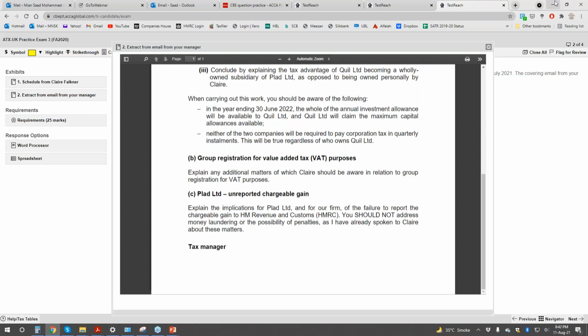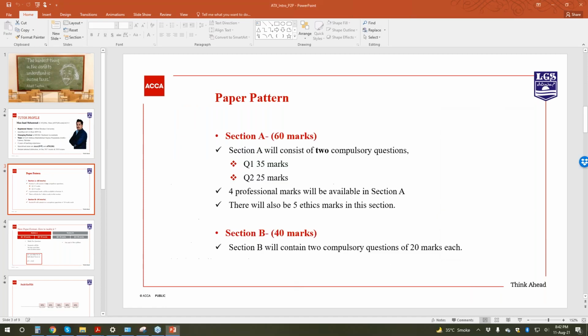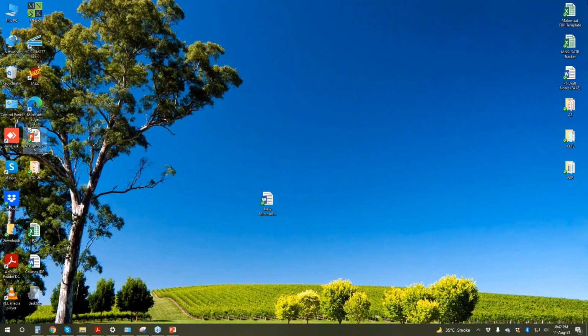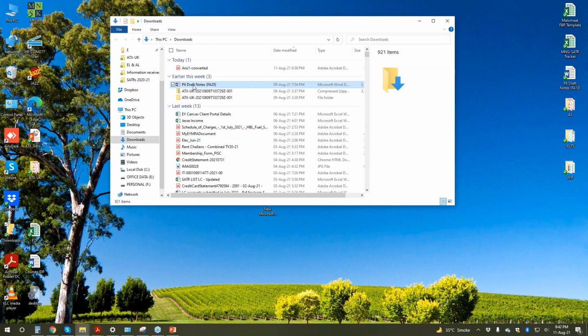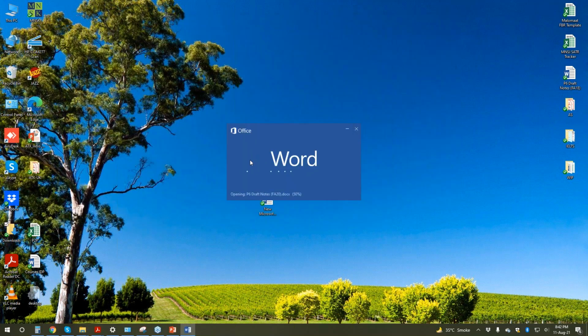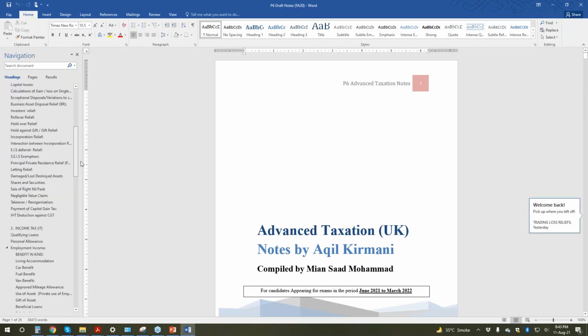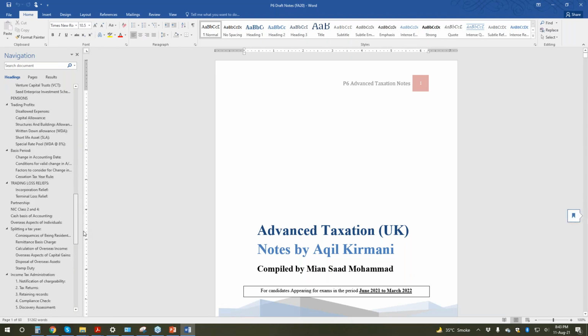Before I move on, I'll take you to my notes first. In the income tax, I have dedicated a separate section for ethics at the very end of the chapter.